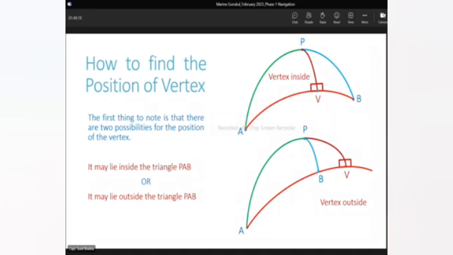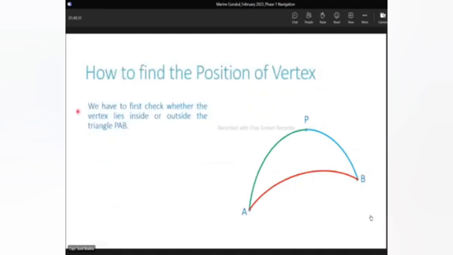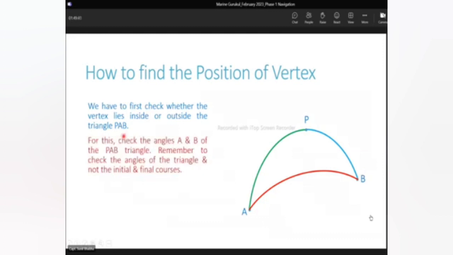Now we are going to see how to find out in a question whether the vertex lies inside or outside. Let's see that. So as we just now saw, we have to first check whether the vertex lies inside the triangle PAB or outside the triangle PAB.